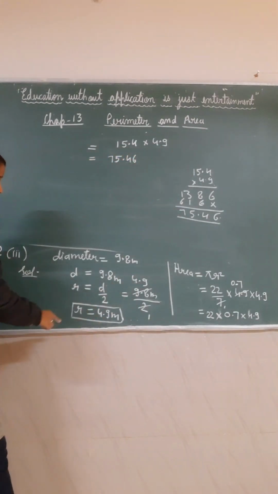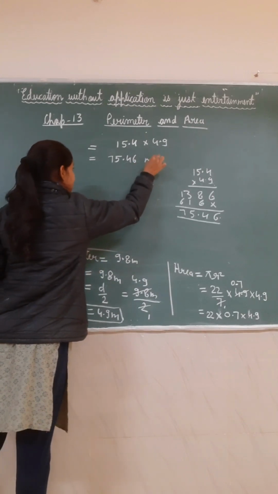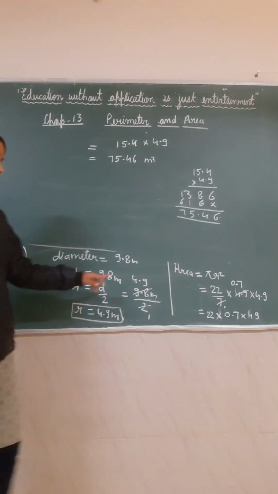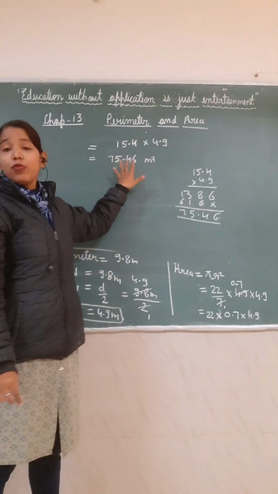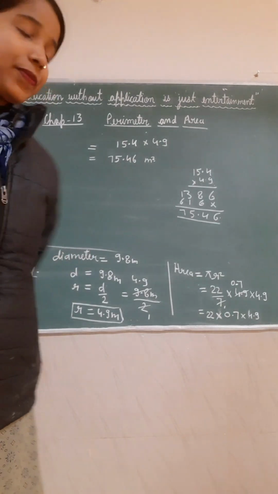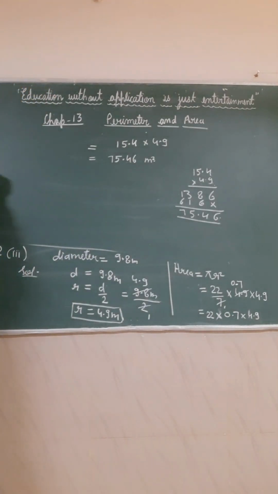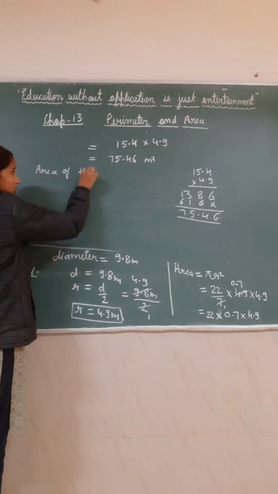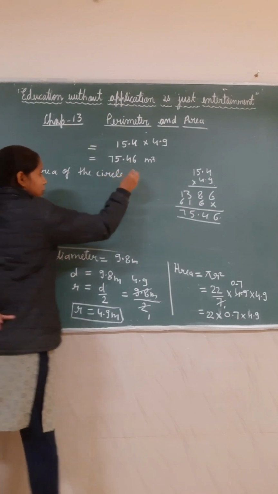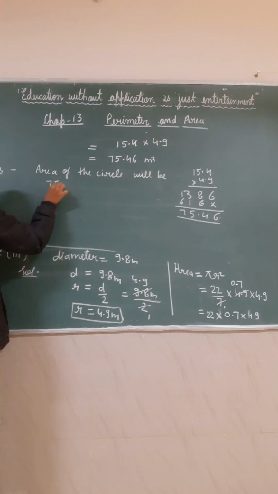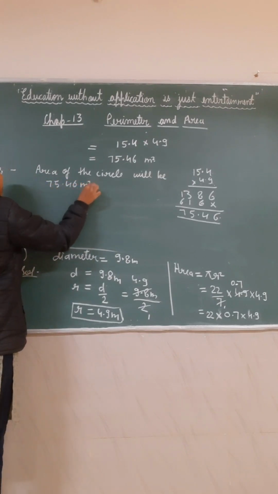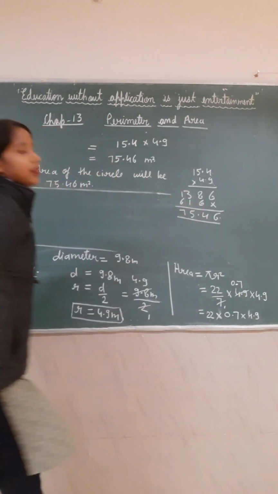75.46 what? Meter square. We are finding area, right? So the unit of area is in square. So 75.46 meter square. So write down the answer. Answer: the area of the circle will be 75.46 meter square.